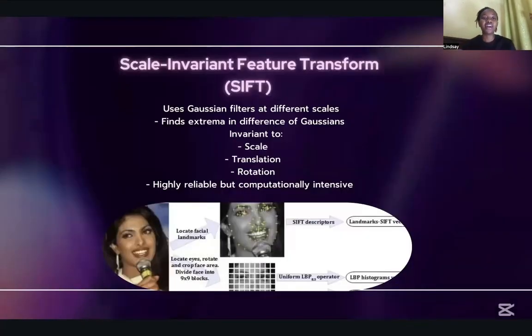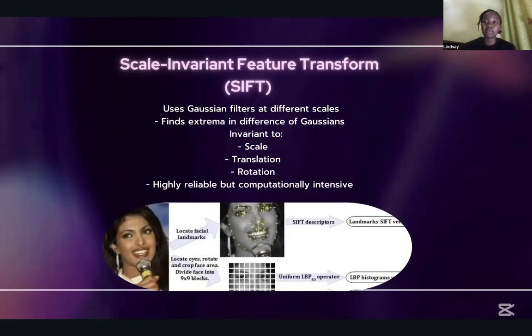For scale invariant features. Let me first try to explain it before I read this. It detects key points by identifying areas of the image that have distinct local structure. This is done by applying a Gaussian filter at different scales to blur the image.